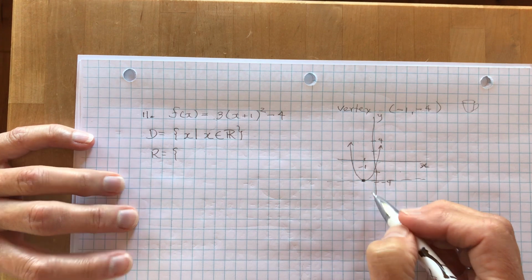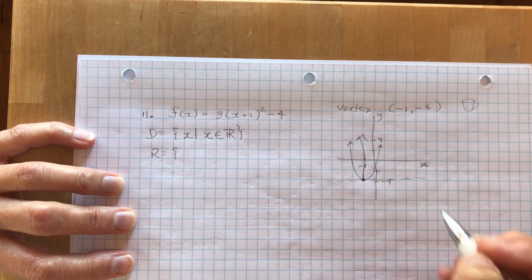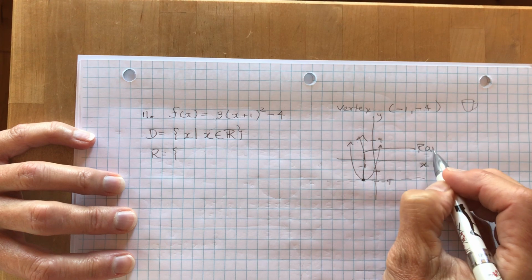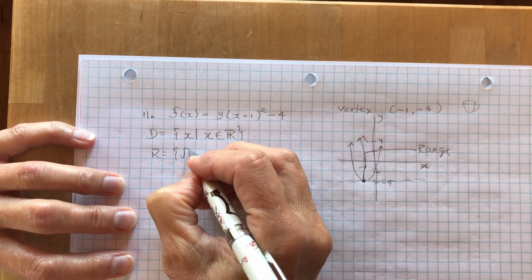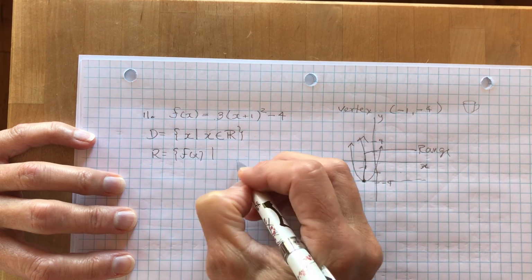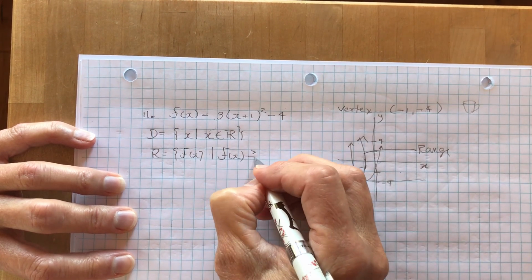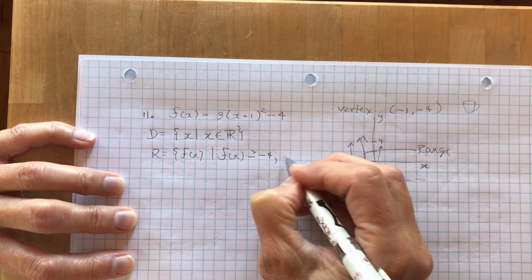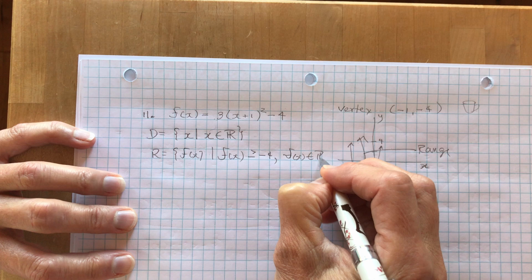Maybe we should do one of those right after. So minus 4 and up. That's the range, right? This is the range here. Minus 4 and up. So I'm going to say f(x) has to be greater than or equal to minus 4, and x is an element of real numbers.